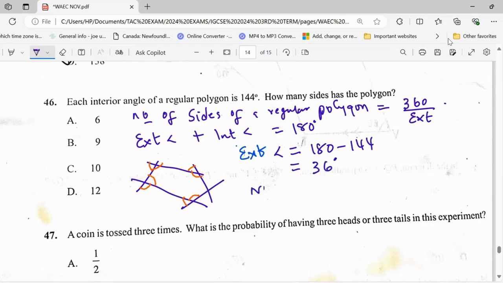So the number of sides is 360 all over 36, and that will give us 10. So this polygon in question has 10 sides, which is option C. We'll mark that and proceed to question number 47.